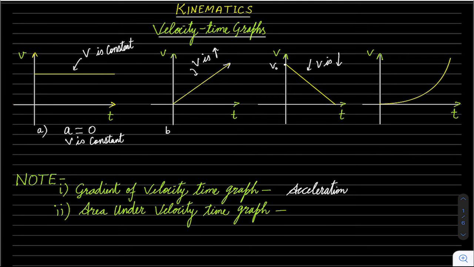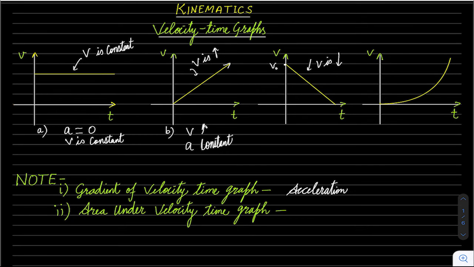In the second case, we have seen that velocity is increasing and the gradient of this line is positive. Gradient is also constant because it's a line, so for the whole line, my gradient is constant. So I can say my acceleration is positive and acceleration is a constant value.